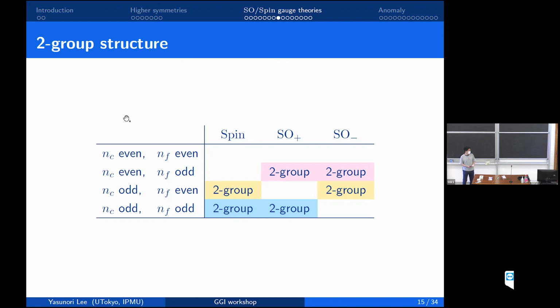In the horizontal direction, you see that when NC and NF are both even, nothing happens. When NC is even and NF is odd, the SO plus theory and SO minus theory have two-group symmetry, while in spin QCD, the zero-form symmetry and one-form symmetry remain separate in a direct product.